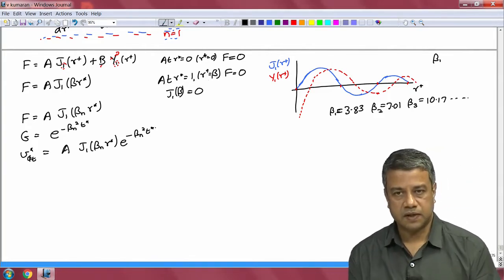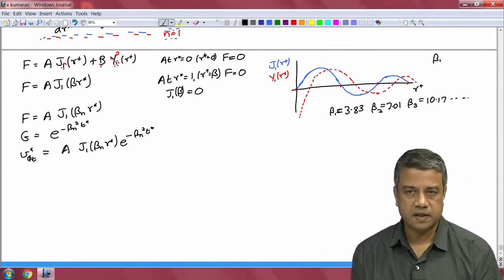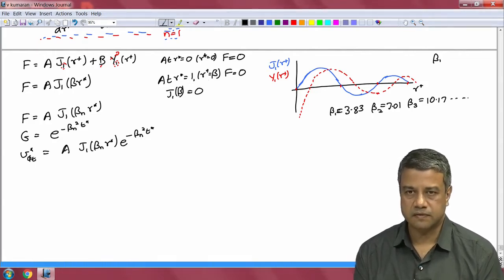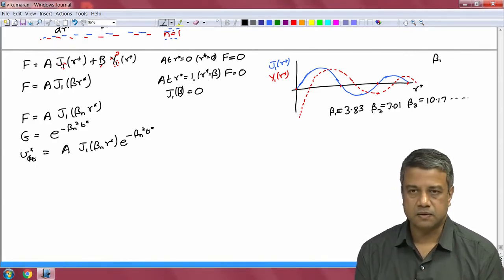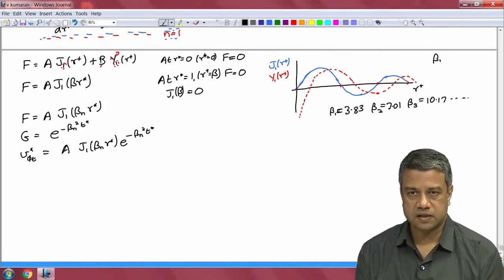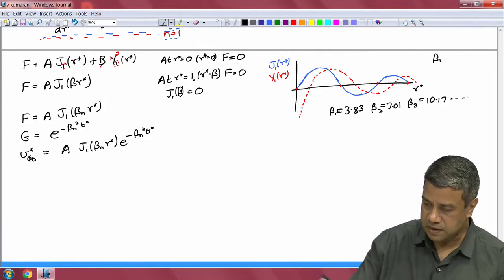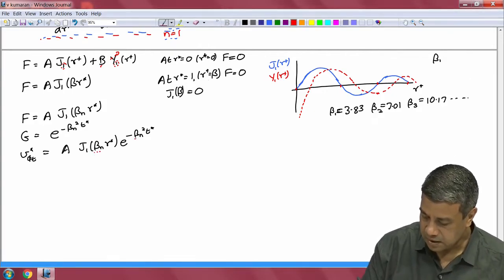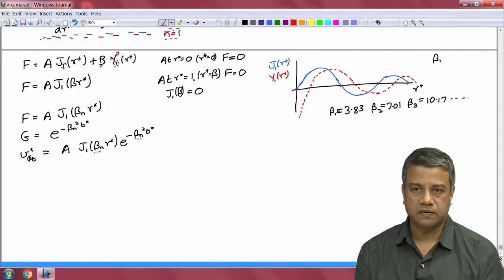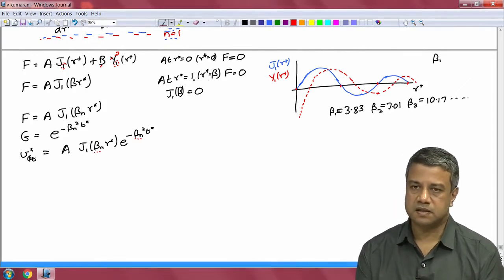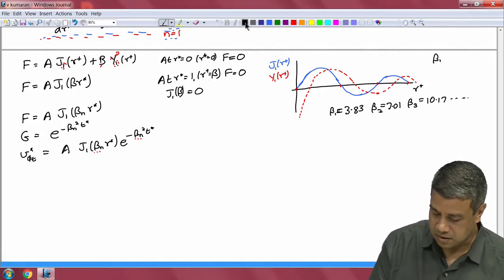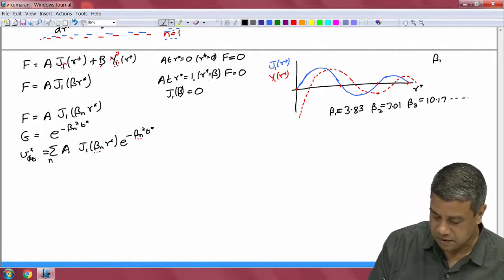This form satisfies the boundary conditions that the transient part of the velocity is 0 at r equal to 0 and r star equal to 1, and it satisfies the equation. So long as the coefficients in these two terms are the same, the equation is identically satisfied. Therefore, for any value of n, this combination satisfies the equation and the boundary condition. Therefore, the most general solution is the summation of these for different values of n.